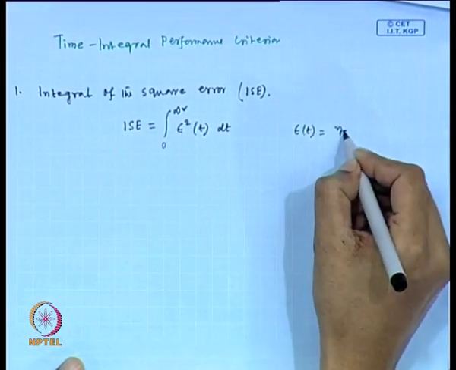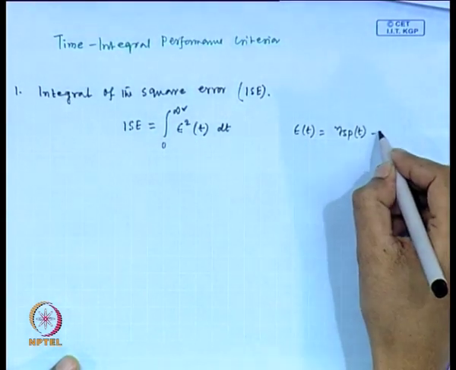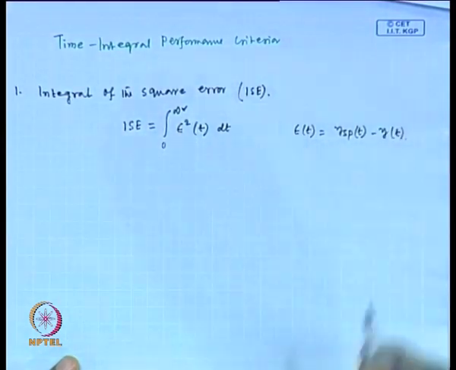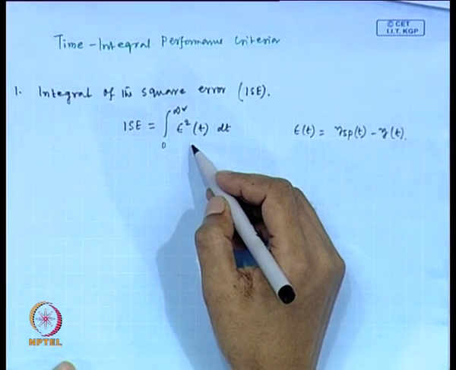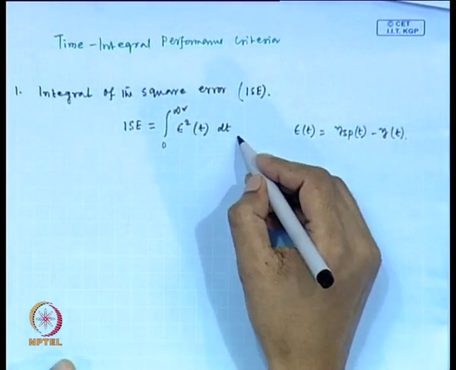Epsilon t is the difference between set point value of y and process y. Fine. This is the integral square error.